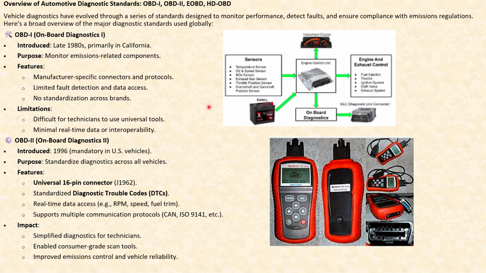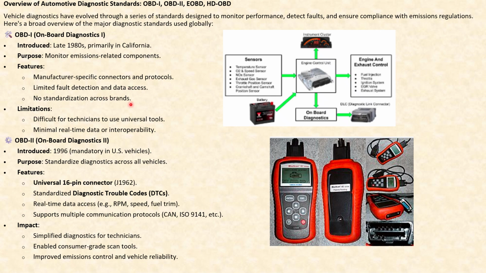Now let's have a brief overview of automotive diagnostics. OBD-I was introduced in the late 1980s, primarily in California. Purpose: monitor emissions related components. It features manufacturer specific connectors, protocols, limited fault detection, and data access.